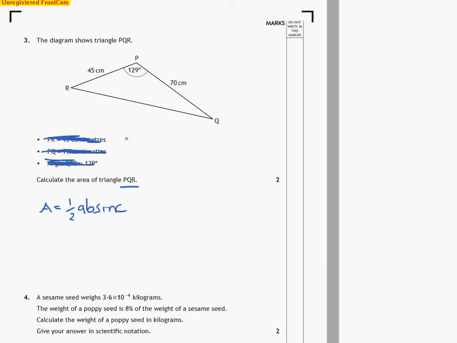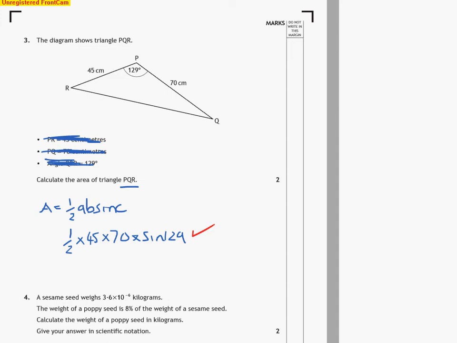Okay. So the first mark we're going to get will be for correctly substituting in. So it's a half times an A and B can just be either one. That's totally fine. So I'm going to call A 45 and B 70, and then times it by sine 129. So right away, that's us got 1 mark. Just the substitution.